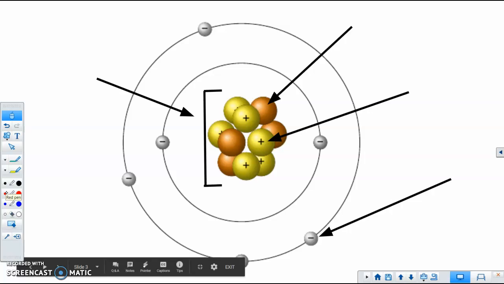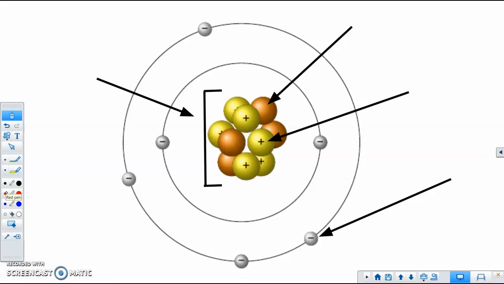So we know from what we've learned previously that the two particles found in the nucleus of an atom, that's what the center is called, the nucleus, are neutrons. And remember that neutrons do not have a charge. They are neutral. We also have protons.